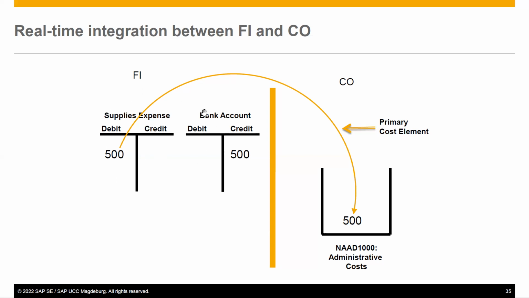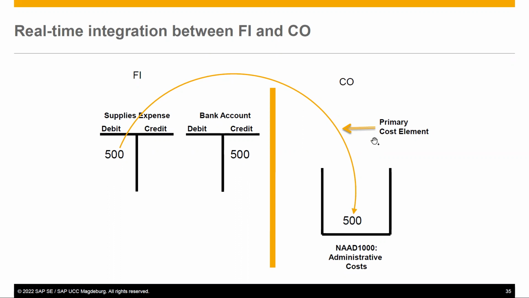This is the financial accounting system. Now, as soon as you make the expense posting for the stationery, it comes automatically to the controlling. Only the expense posting, not the second posting. No, this will not come. Only the expense posting, a single entry, will come to the cost accounting side.